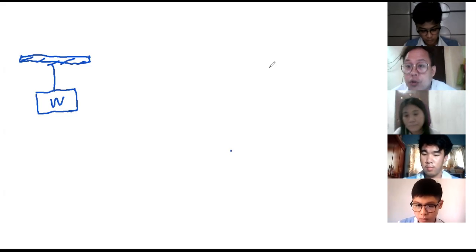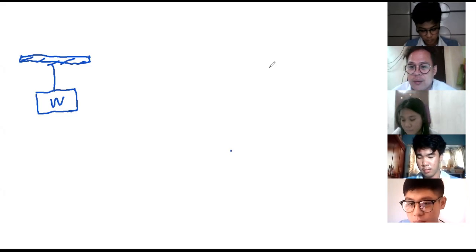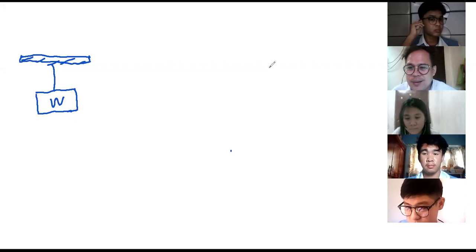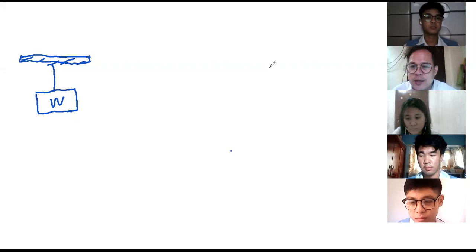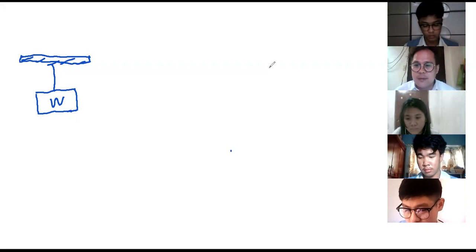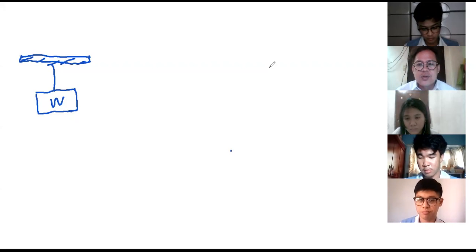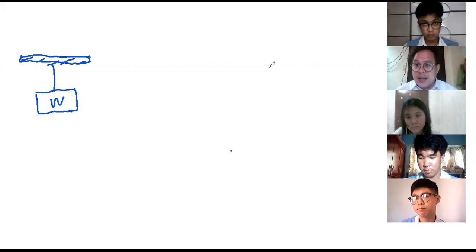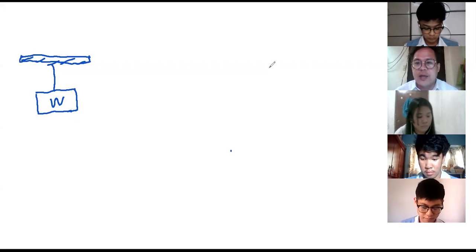How about for equilibrium in math? Romel, what is the symbol for math? The equal sign, sir. Okay, that's correct. The equal sign is the symbol for equilibrium in math. So once we talk about equilibrium, it's a state of balance. There will be a balance between the two objects. It is in the state of equilibrium.